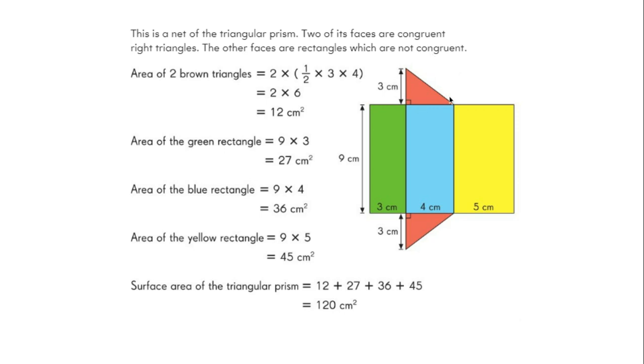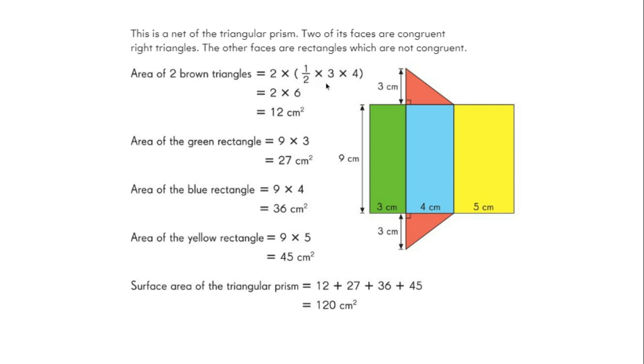So let's start with the triangle. My length is 4 centimeters and my width is 3 centimeters. So I've got 4 times 3 times 1/2.